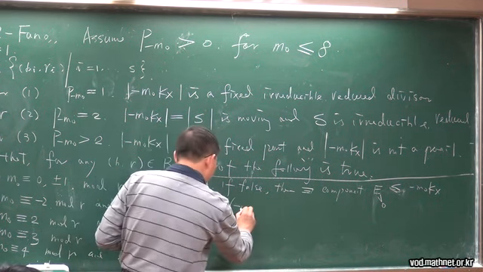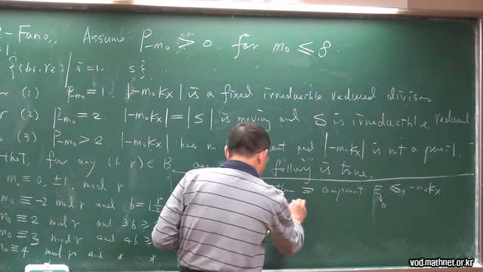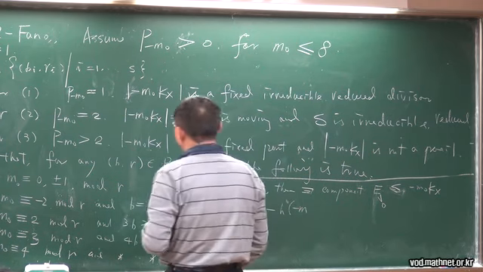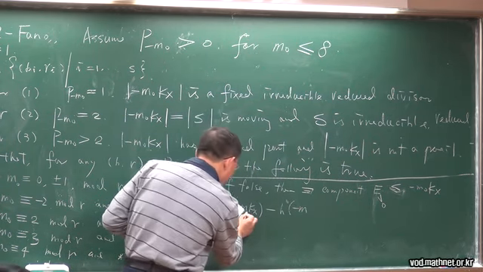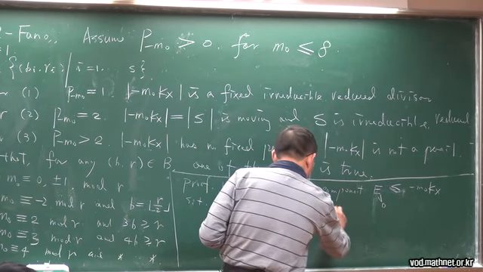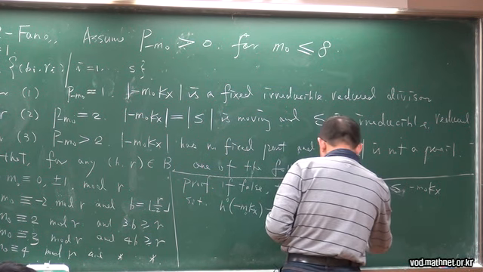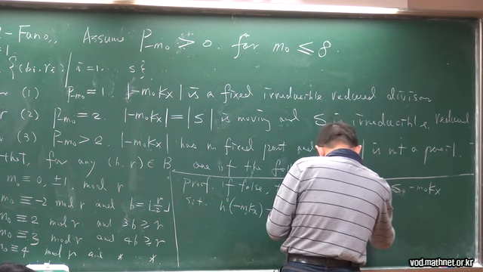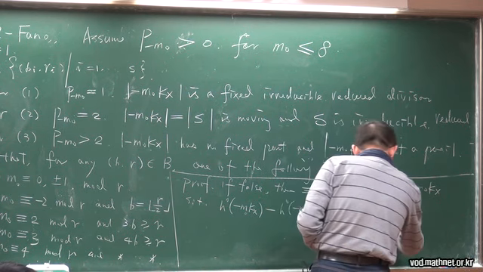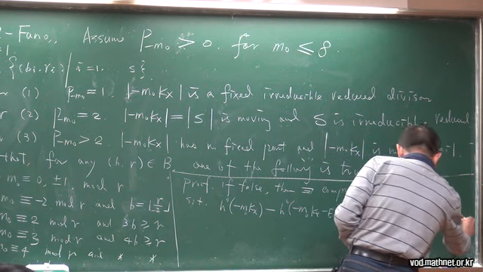This is minus m naught kx minus E, then minus h naught of E plus h naught of Ox is 0.